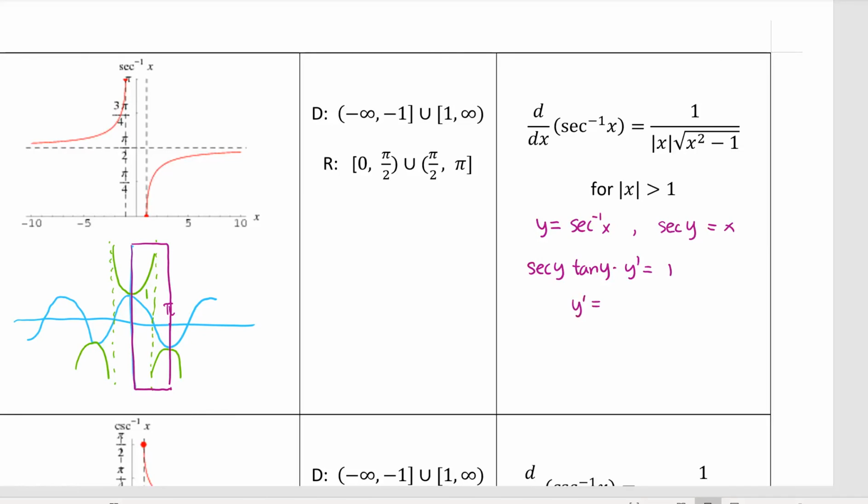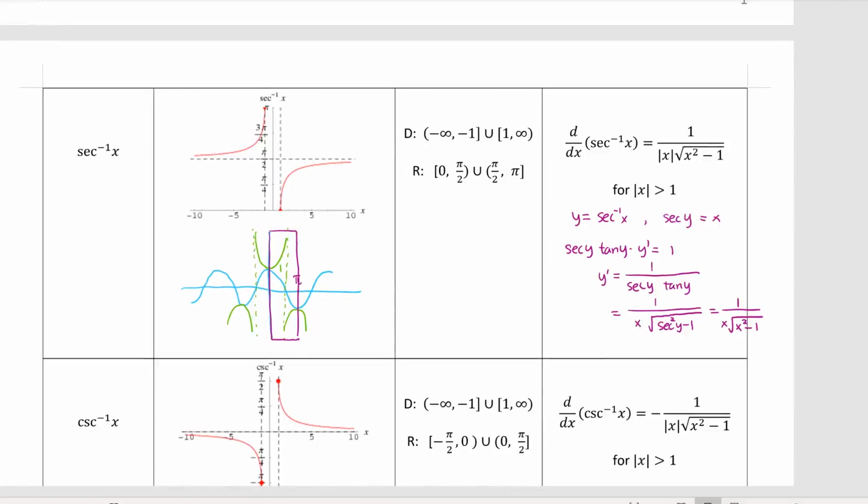So y prime is 1 over secant y times tangent y. What is secant y? Secant y is x. And tangent, if you remember, is the square root of secant squared minus 1. So that's the square root of secant y squared minus 1, and secant y is x. So this is the derivative.